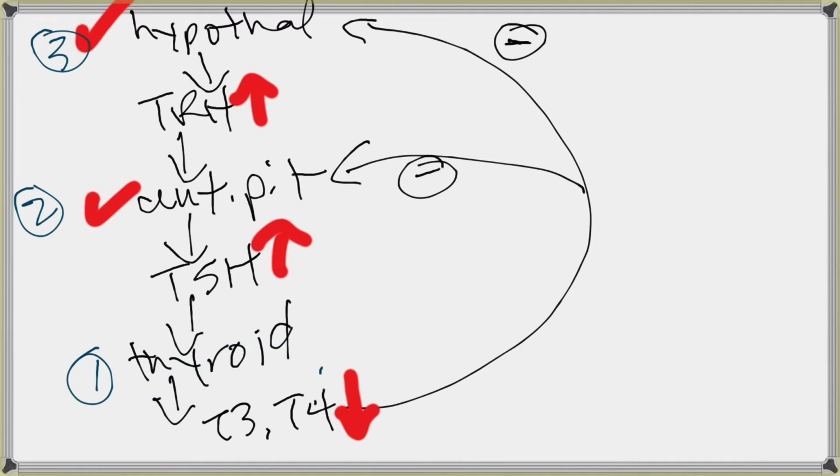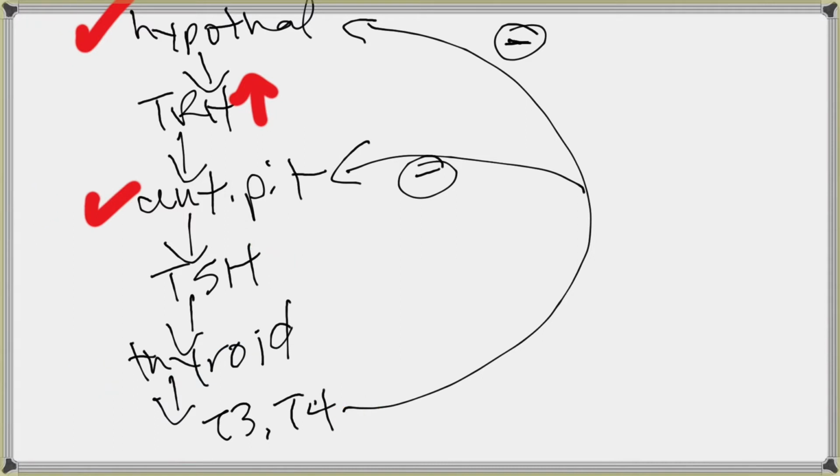So now let's talk about what would happen if instead the problem was at the anterior pituitary and we had a hyposecretion. You would go in and say, oh, I feel terrible, I'm exhausted.